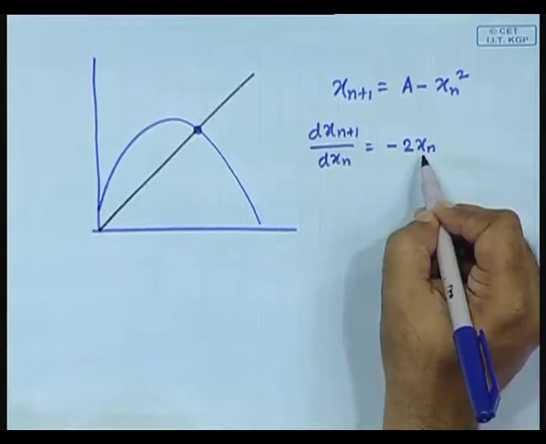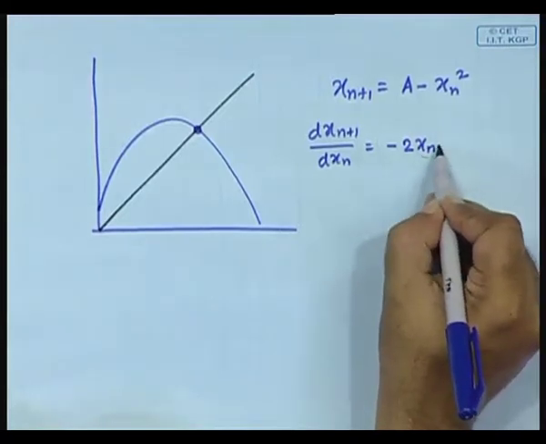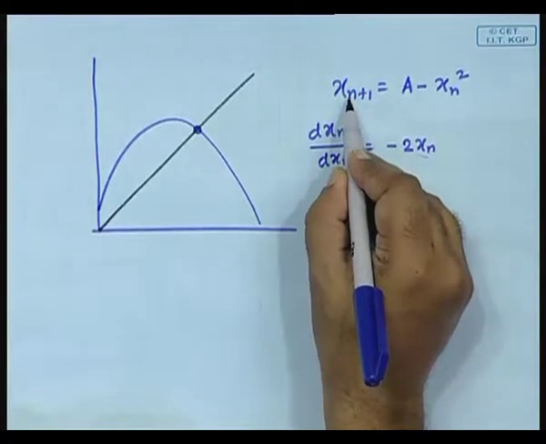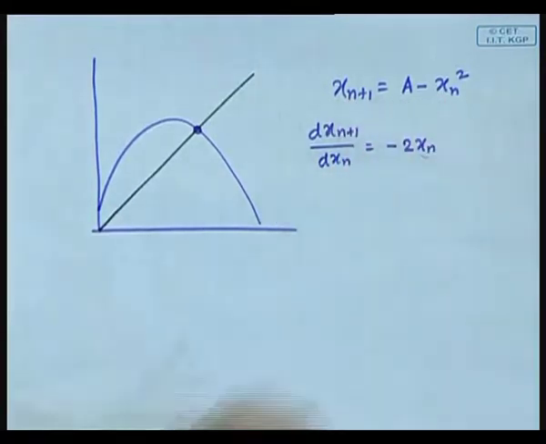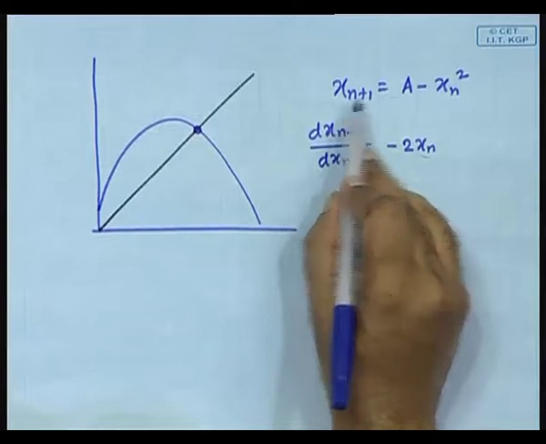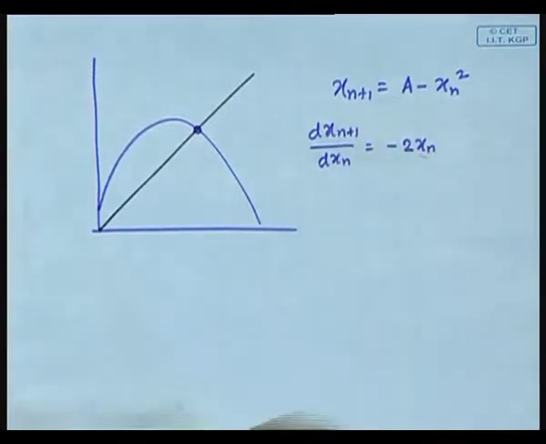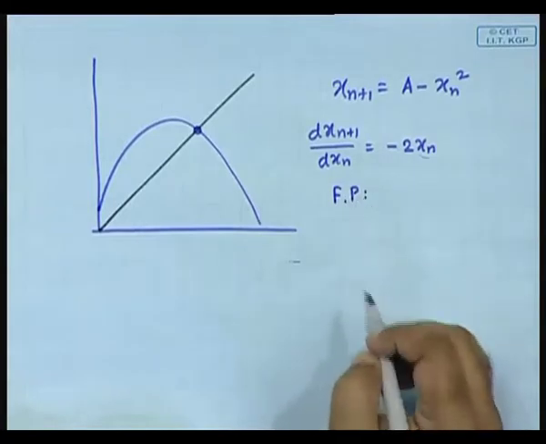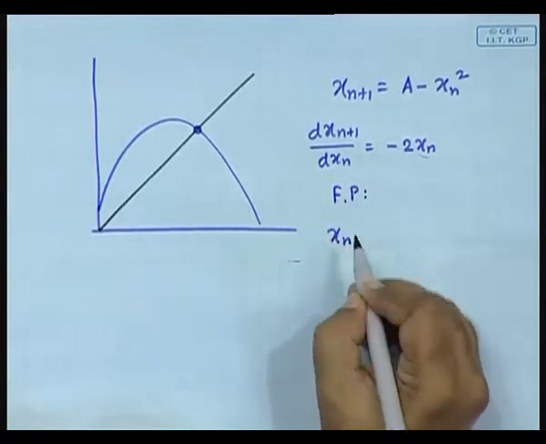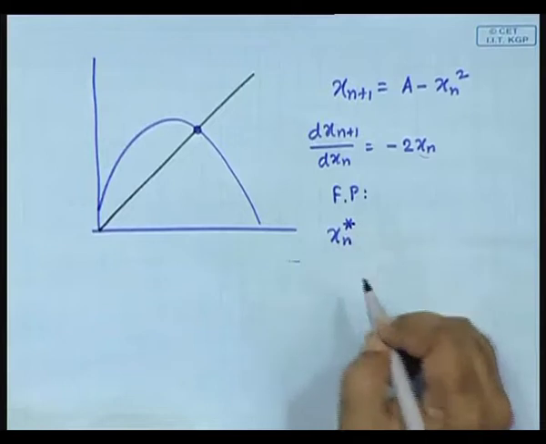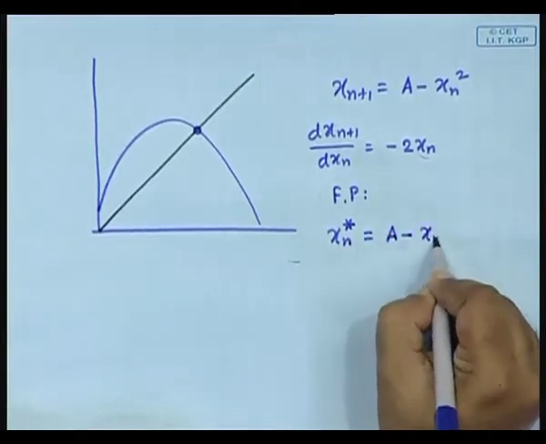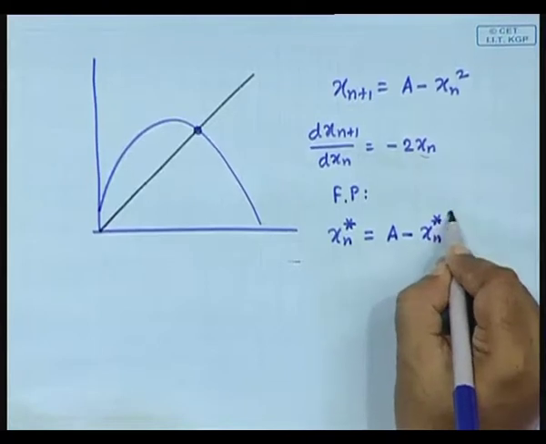In order to know the slope exactly, we have to substitute x n. That means we have to substitute the condition for the fixed point. What is the condition for the fixed point? x n plus 1 is equal to x n. So, the fixed point is given by x n, I will call it x n star, is equal to a minus x n star square.